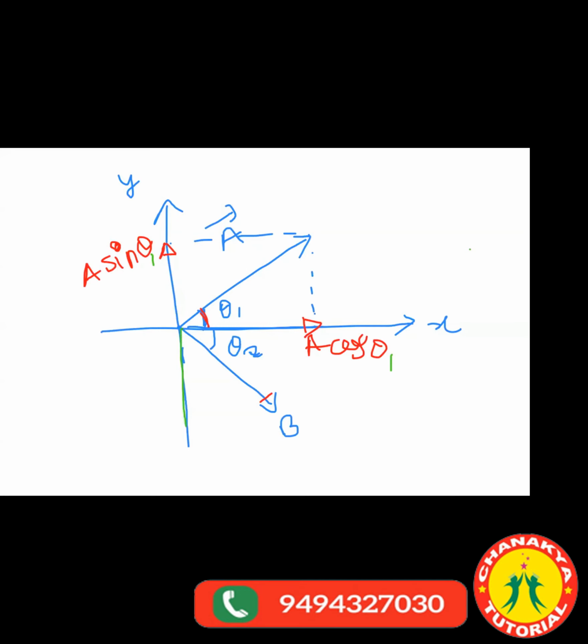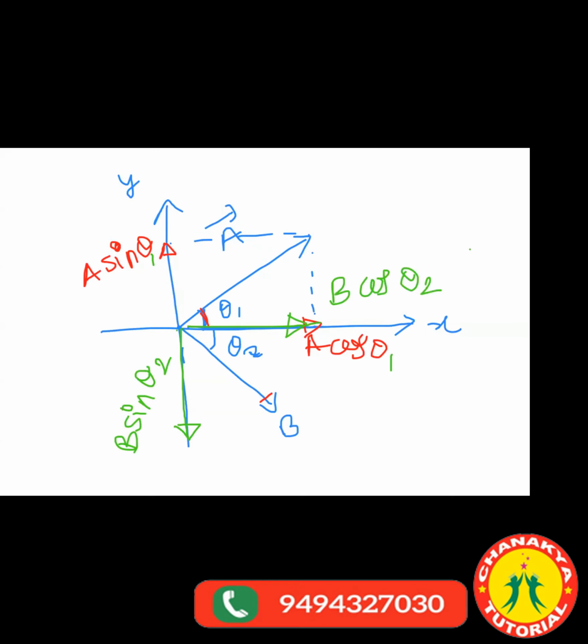Very good. So in this direction, we will have B sin theta 2, and in this direction, B cos theta 2. Done. The whole vector can be dealt with using this concept.